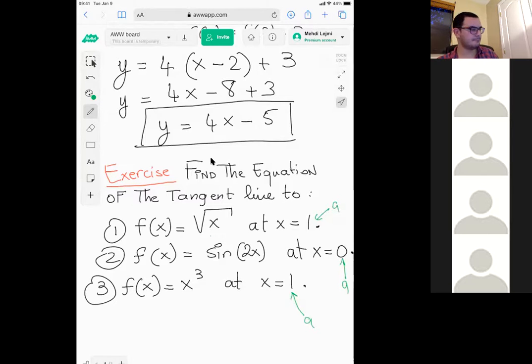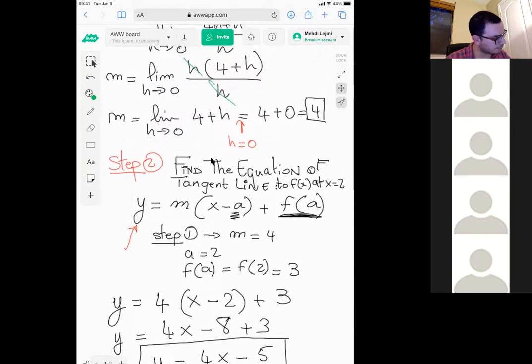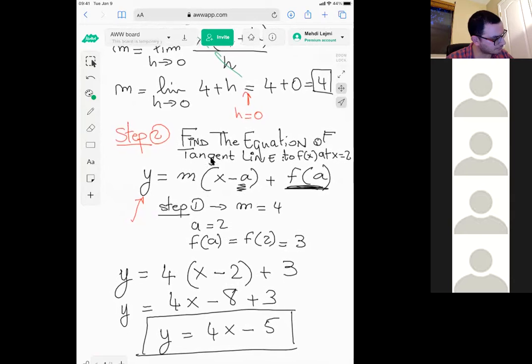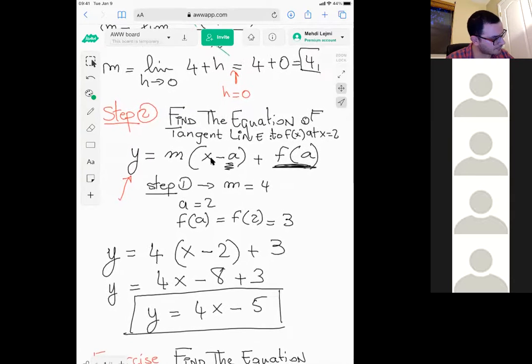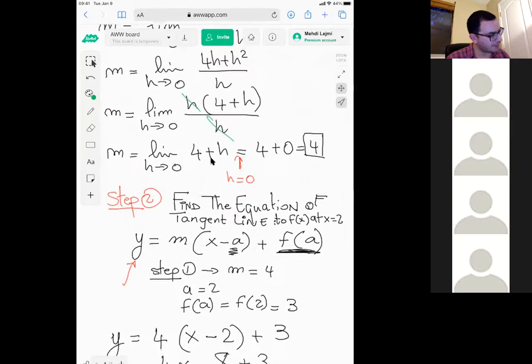Professor, can you scroll up a little? Yeah, sure. I just want to see the last problem. Professor, I don't get that. Find the equation of the tangent line at x equals 2. How did you get m to equal 4? That's from step 1, from this step here.